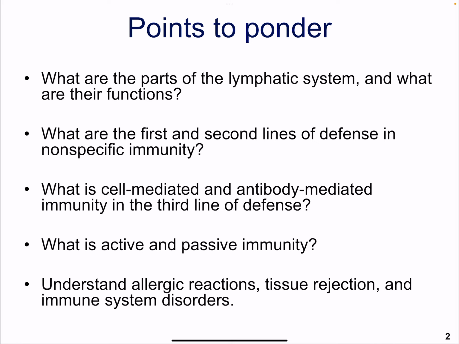What are the first and second line of defense in innate immunity or non-specific immunity? In terms of specific immunity, what is cell-mediated immunity? And what is antibody-mediated immunity? What is active immunity, passive immunity?